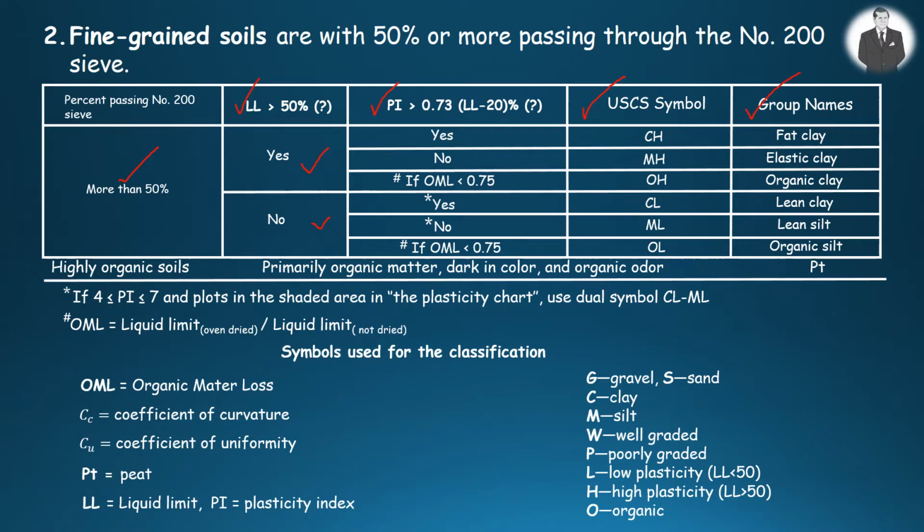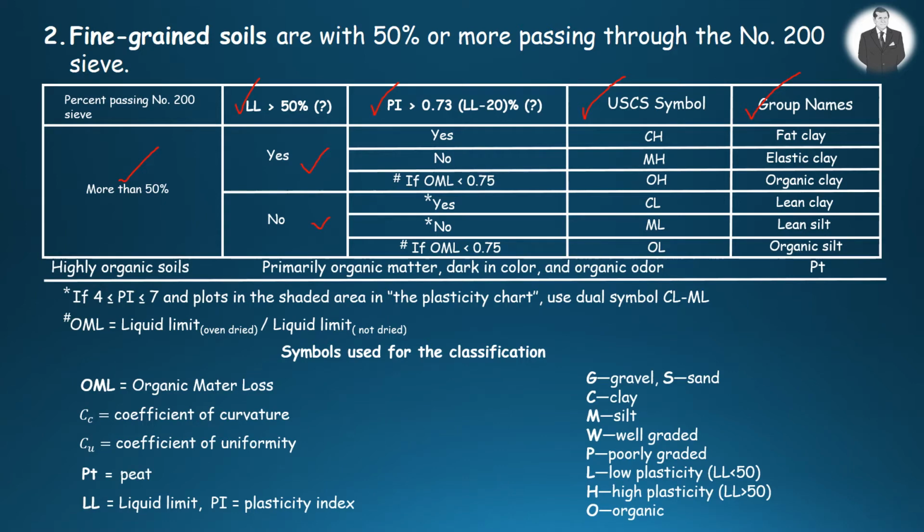Symbols used for the classification are OML, which is organic matter loss, Cc, coefficient of curvature, Cu, coefficient of uniformity, Pt is peat, highly organic soil.